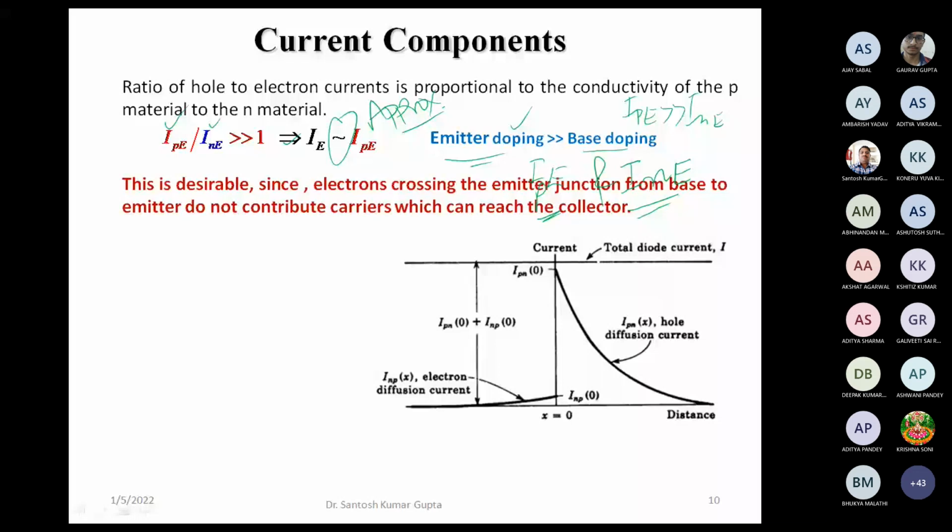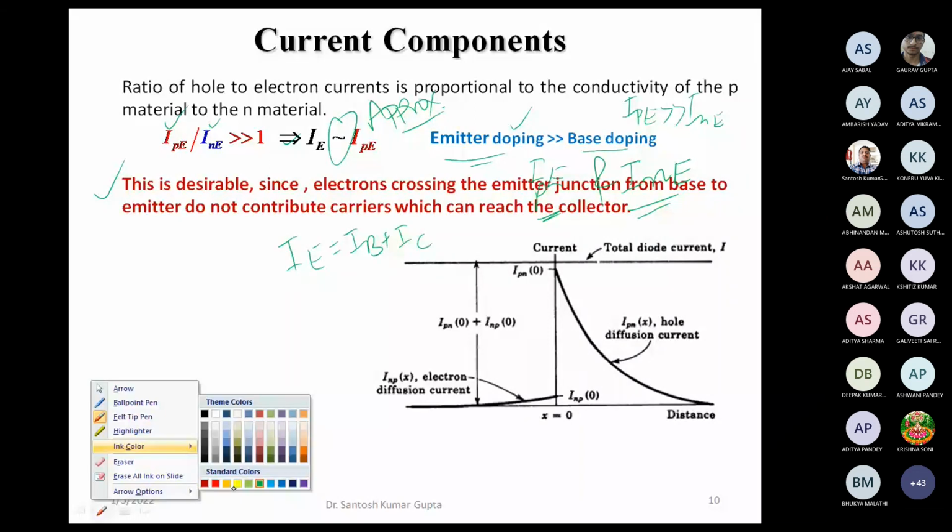So what we see here is IE equal to IB plus IC. A little while ago, we saw that the emitter current is divided into a collector current and a base current.